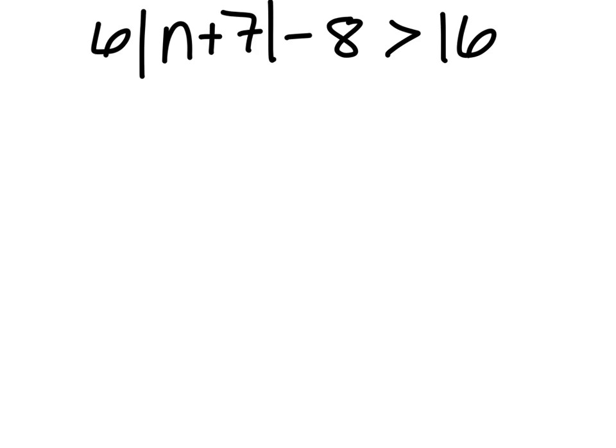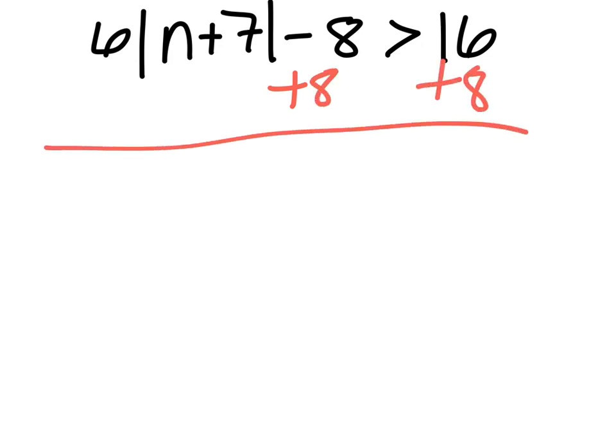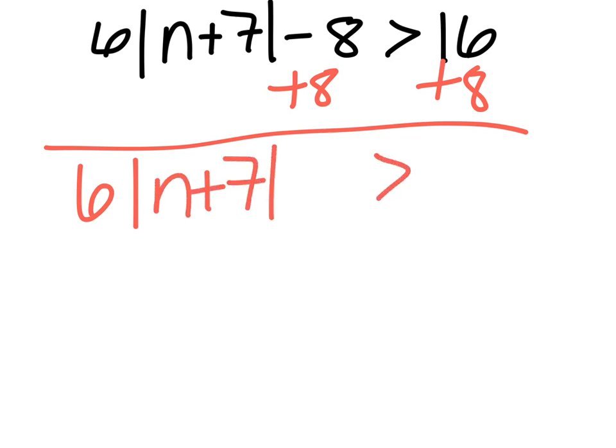Okay, so we've rewritten our problem so that we have some space to work. The first thing we have to do is get the absolute value by itself. So we're going to get that -8 moved to start with. So +8, +8, we have 6 absolute value n plus 7 is greater than 24.